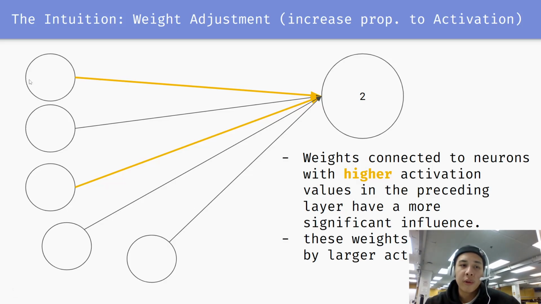So for example, on the left side with the highlighted weights, the highlighted connections, if the activation point was higher, then the weights have a bigger impact on determining the activation.